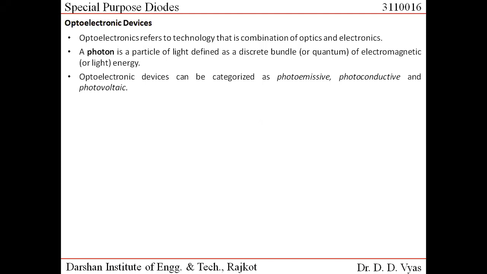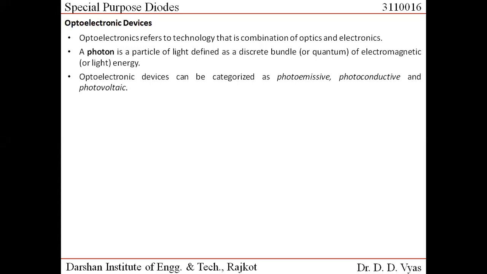photoemissive devices, photoconductive devices, and photovoltaic devices. When I say photoemissive devices, these are the devices which emit photons, which give out light. When we say photoconductive devices, these are those devices which change their conductivity, that is their resistance, based on the light or photons.